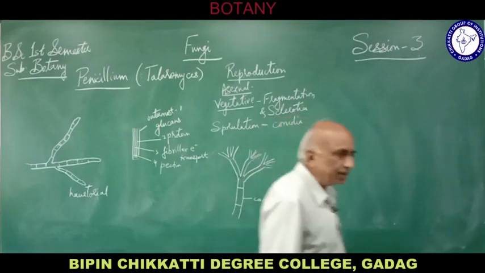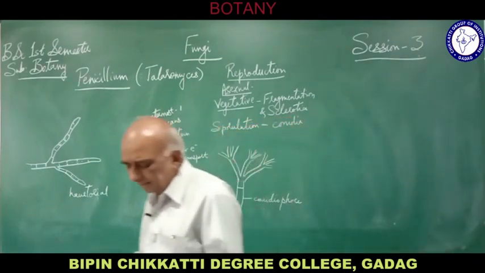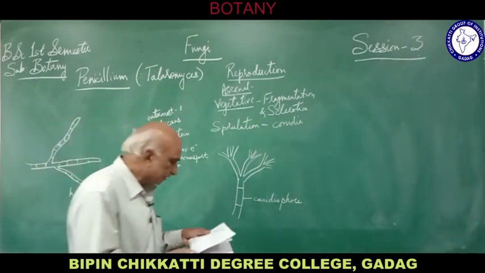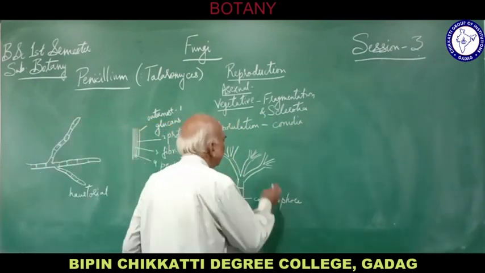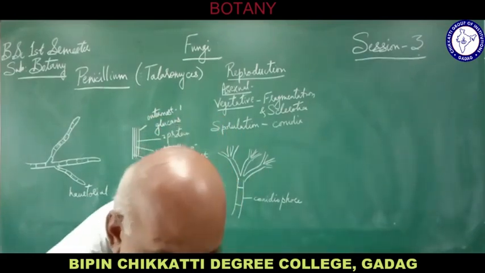Now each branch at its terminal end produces a structure called sterigmata.